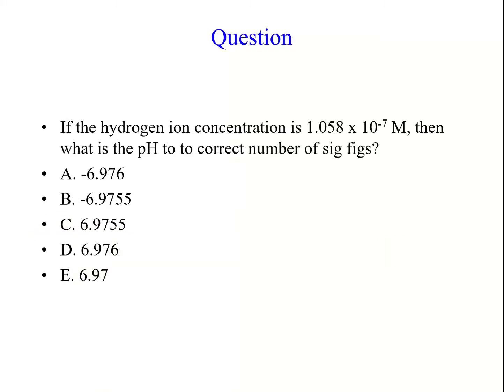If the hydrogen ion concentration is 1.058 times 10 to the negative 7th, and this is molar concentration, then what is the pH to the correct number of significant figures? To calculate the pH, we need to take the negative log of the concentration.